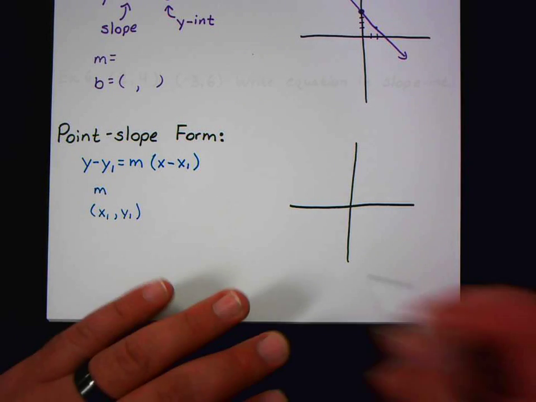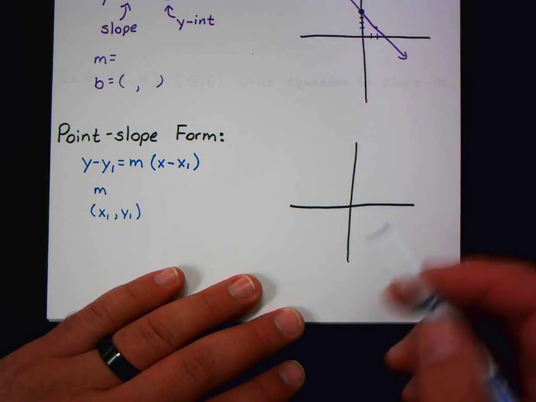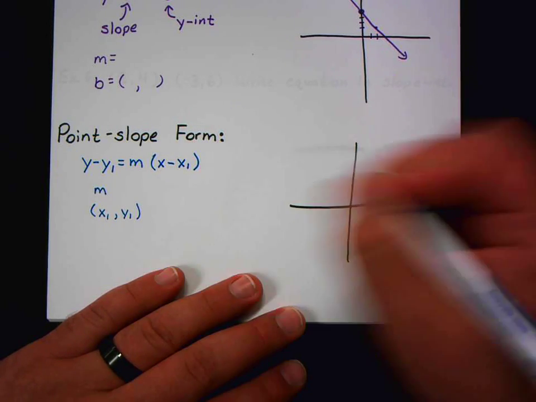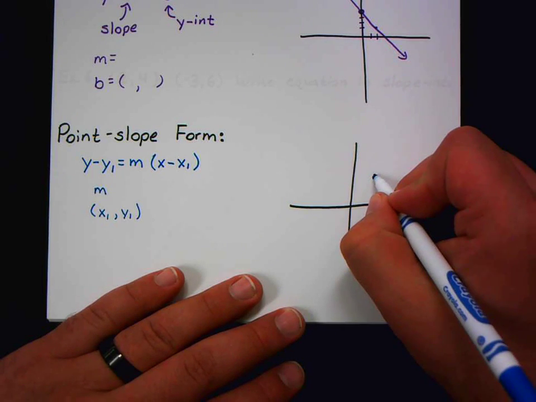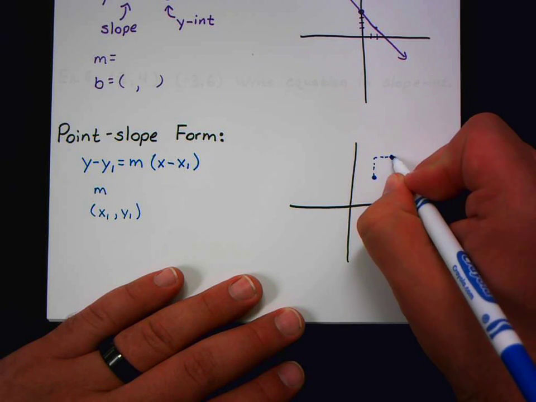So then when we go to graph it, we graph it very similar to how you've graphed slope-intercept form all this time. It's just you can start at any point. And then from that random point, you use your slope to go up and over to get your next point.